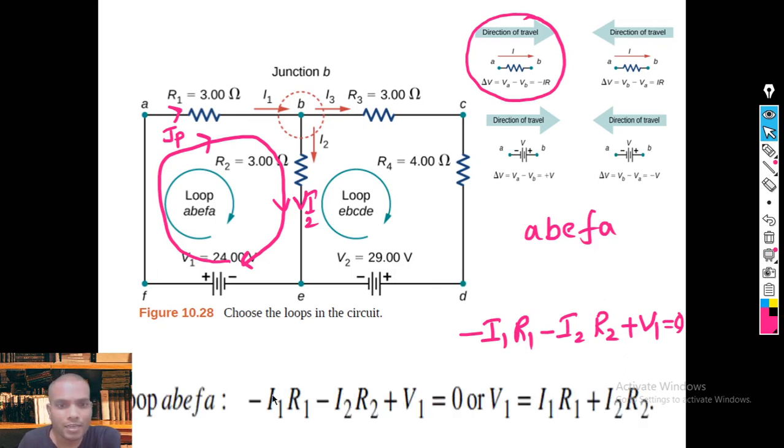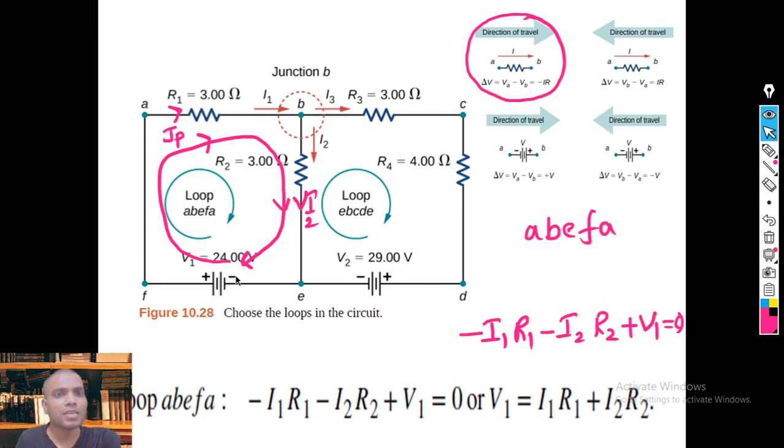So that is the way to write the equation for the given expression. Finally we got minus I1 R1, because my direction and the current direction across the resistance are the same, so according to the sign convention we take that as negative. And across resistance R2, the current direction and my direction in the loop are the same, so that is also taken as negative.